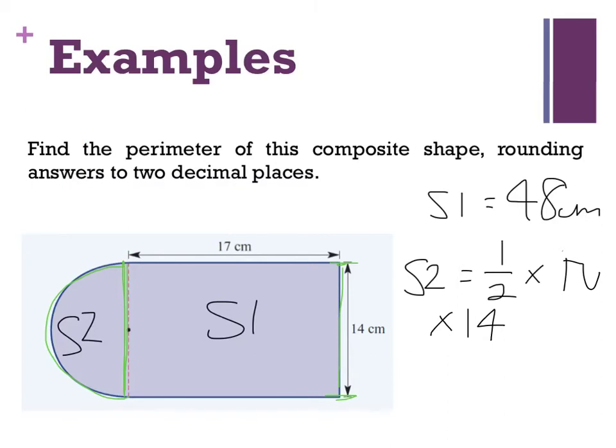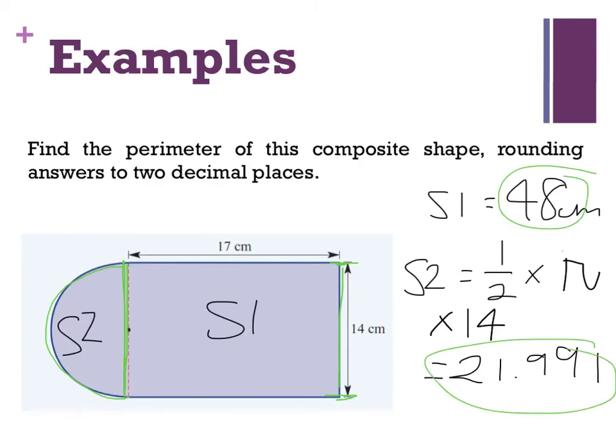If I plug that in on my calculator, I get 21.991, and so on. I won't clear that number from my calculator. I'm going to leave it there and add 48.